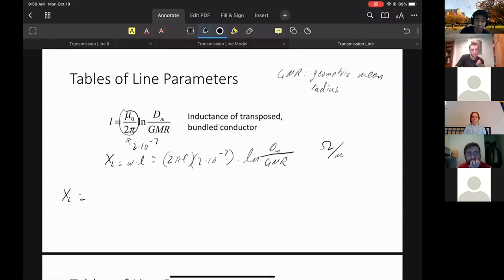So if you want to convert this to ohm per mile, this is 2.22 times 10 to the minus 3 times the frequency times the log of 1 over GMR, plus 2.022 times 10 to the minus 3 times frequency times log of d over m. Okay, and this is in ohm per mile.